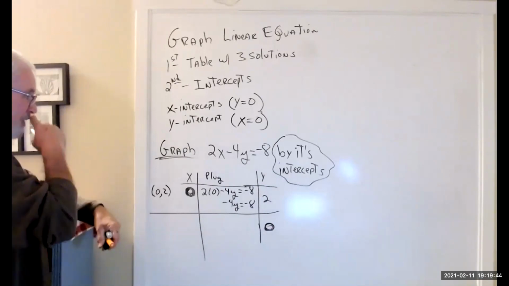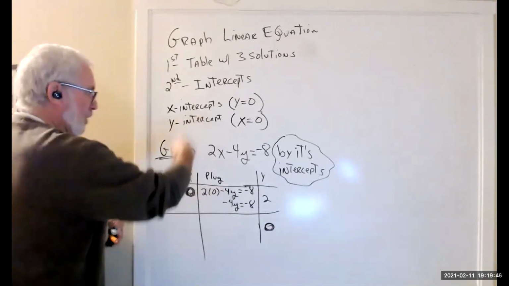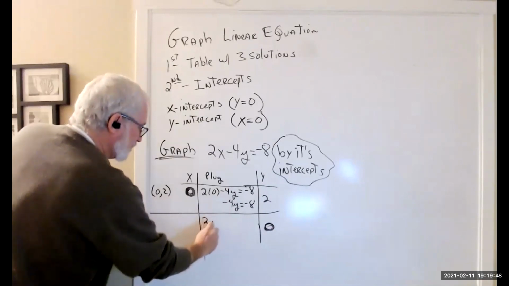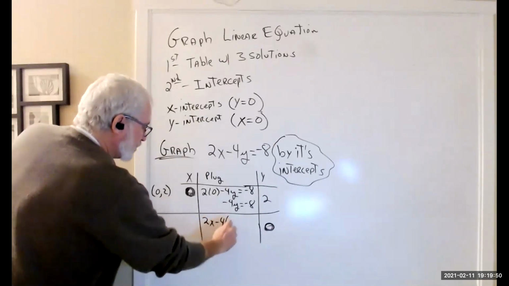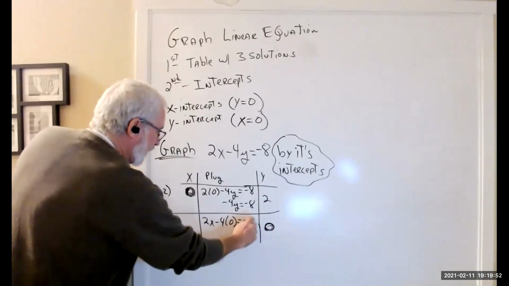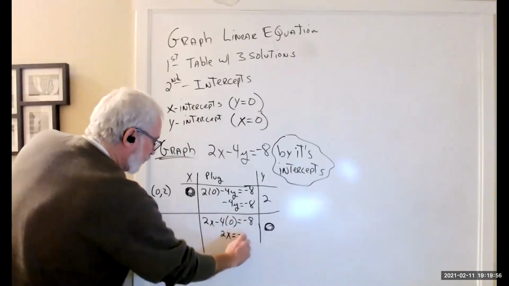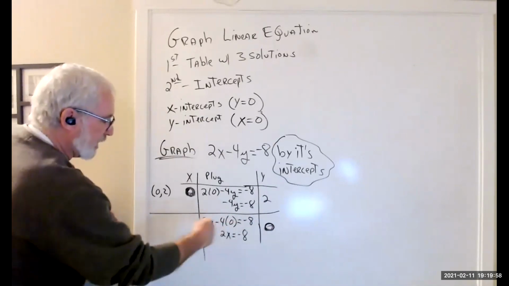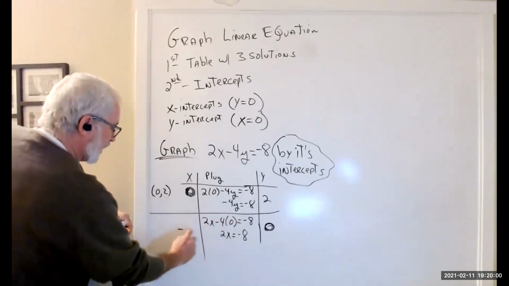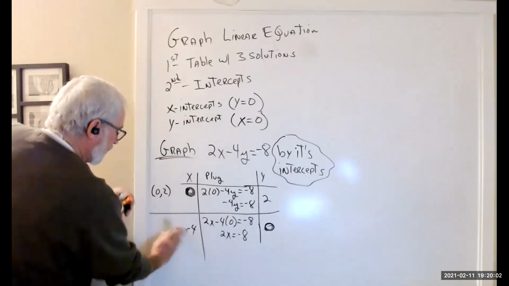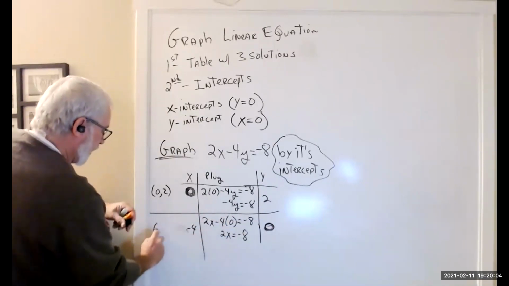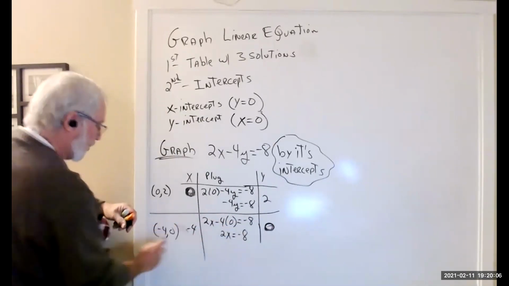Y is 0. So plug it back in. We have 2x minus 4 times 0 equals -8. That means 2x equals -8. Divide both sides by 2, x is -4. So the ordered pair is -4, 0.